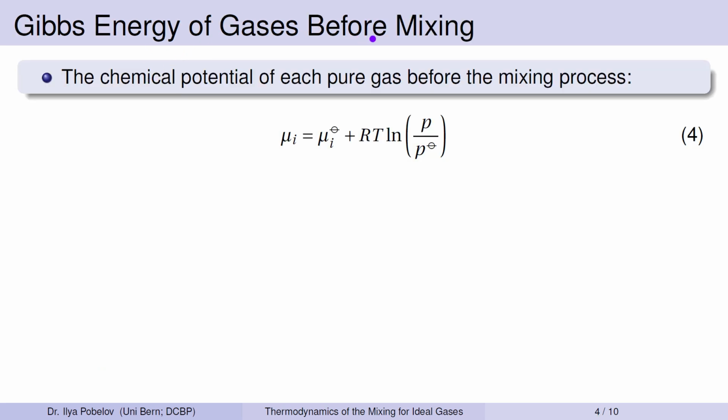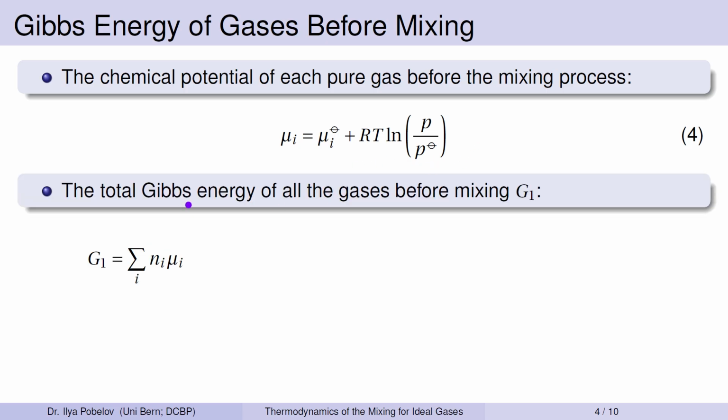Before mixing, the chemical potential μi of each pure gas depends on temperature and pressure and is given by this expression. The total Gibbs energy of all the gases before mixing, when they are still in separate chambers, G1, is the sum of the chemical potentials of each component, each multiplied by the number of moles of that component.